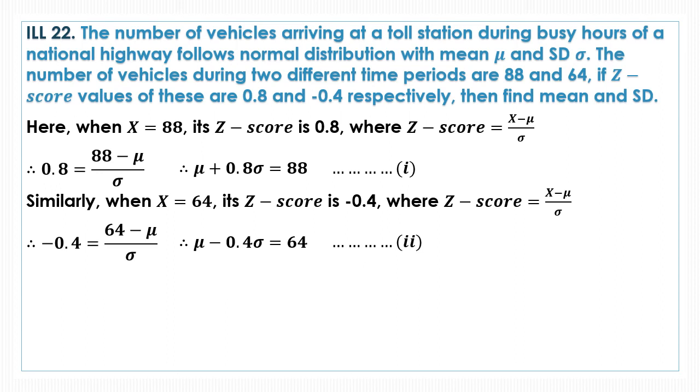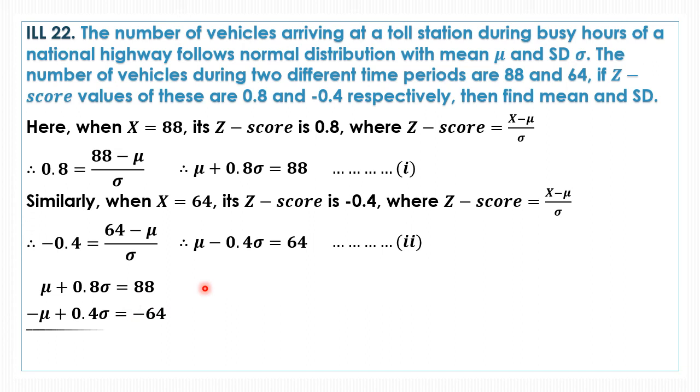So we are going to eliminate equation 2 from equation 1. So first we will write equation 1 here, then we will subtract equation 2. So all the signs of equation 2 change: mu will be negative mu, negative 0.4 sigma will be positive 0.4 sigma, and 64 positive will become 64 negative.